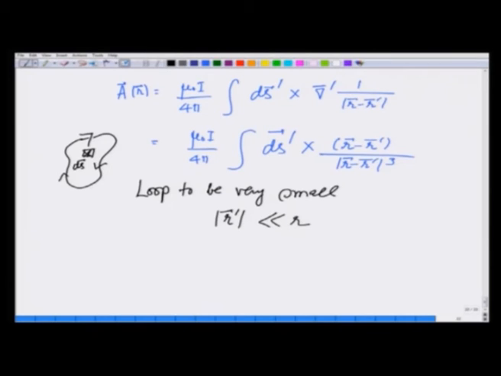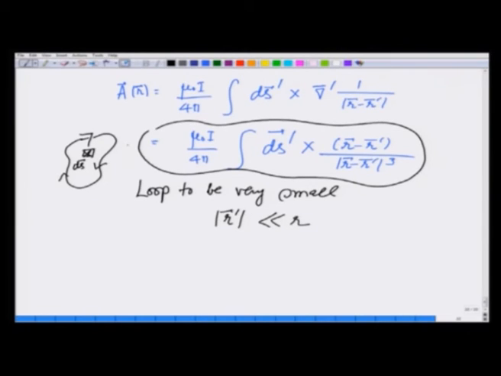Then, as the first approximation, I can write this whole thing by ignoring r prime as A(r) equal to integral mu 0 I over 4 pi ds vector prime cross r over r cubed, where ds prime now is over the primed variable and therefore does not depend on r, and gives me the total area of the loop. So, this becomes mu 0 I area of the loop over 4 pi here cross r over r cubed.